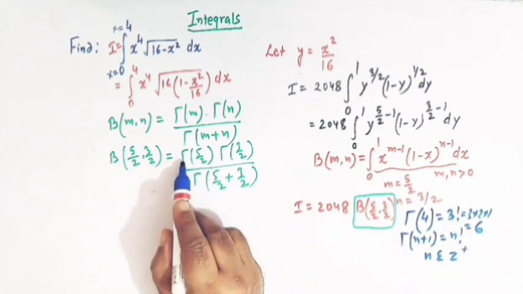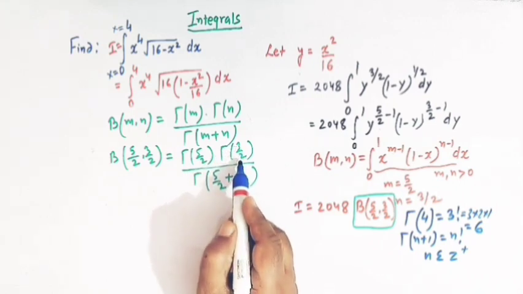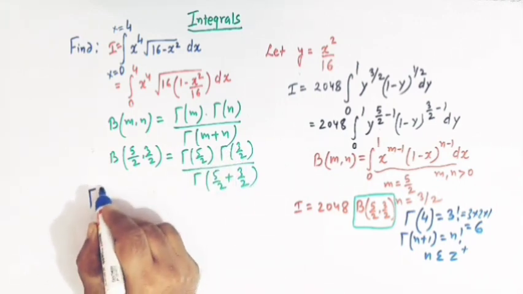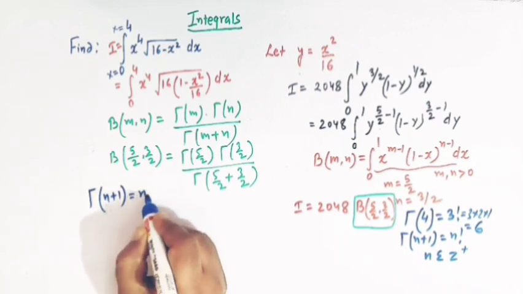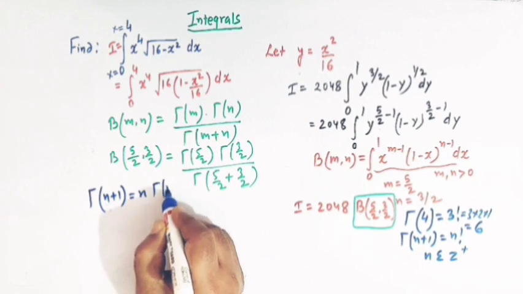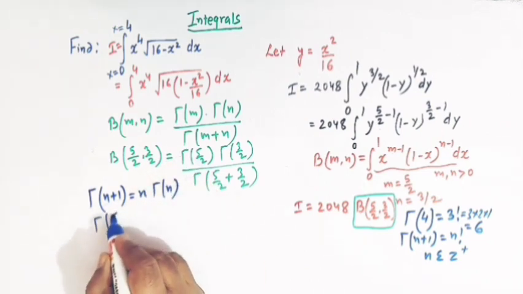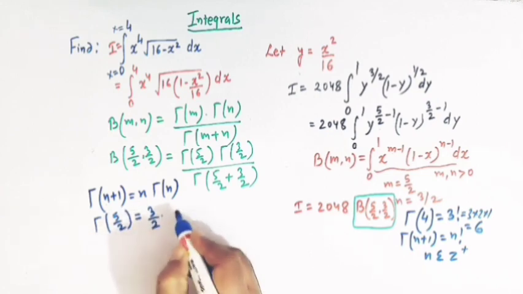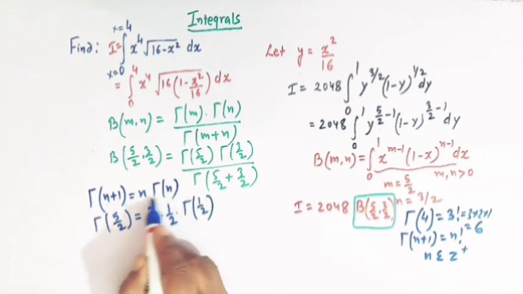Now to get the value of gamma of 5 by 2 and gamma of 3 by 2, we'll make use of one important relation, that is gamma of n plus 1 can also be written as n times gamma of n. So gamma of 5 by 2 can be written as 3 by 2 times half times gamma of half, due to this result.